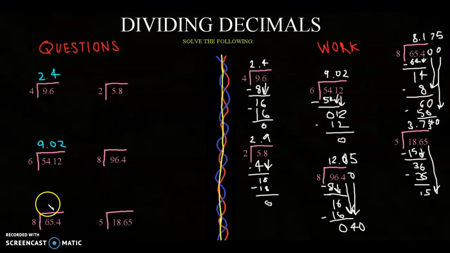It's this one. 8.175. Okay, and then 2.9. And then 12.05. 3.73. And we're done.